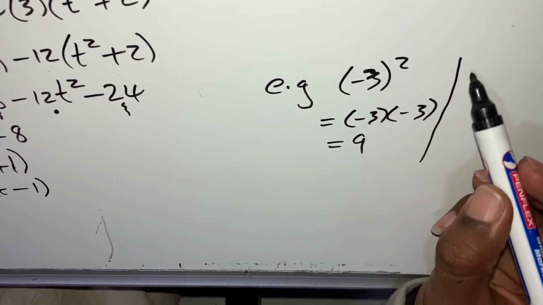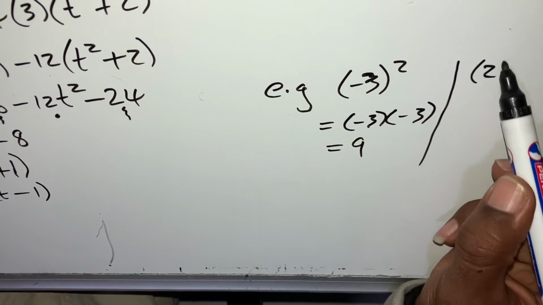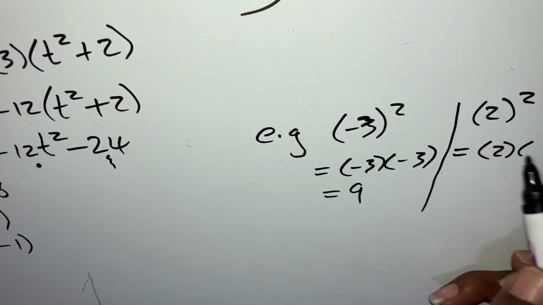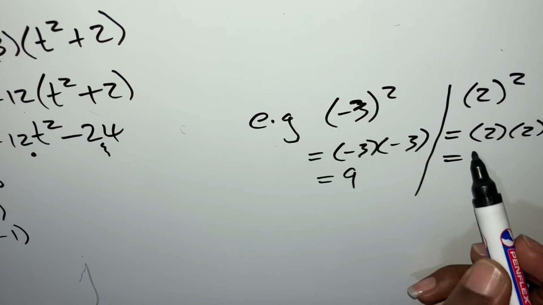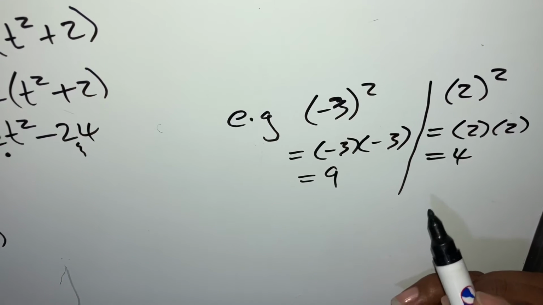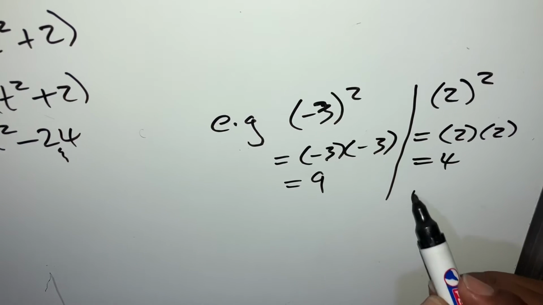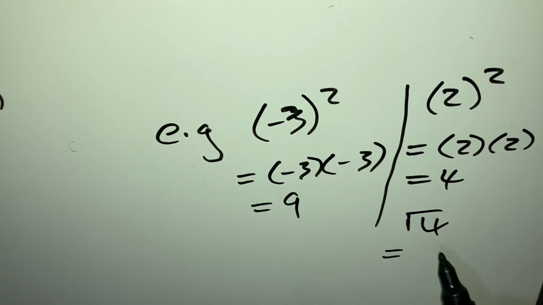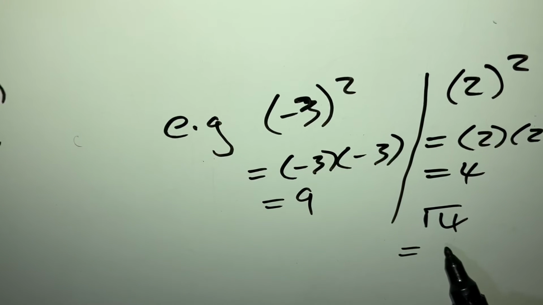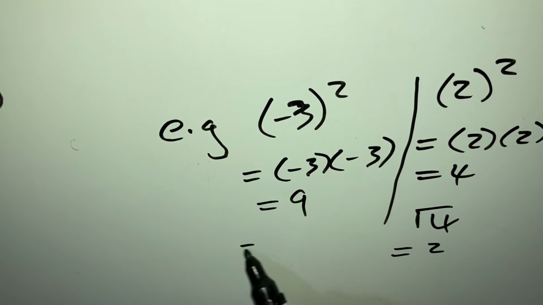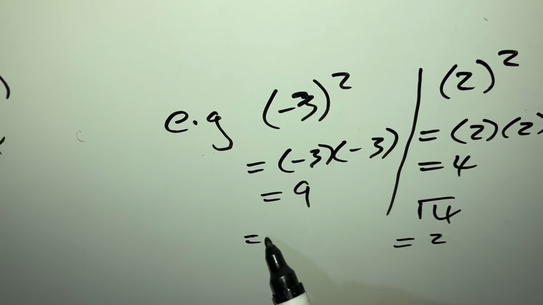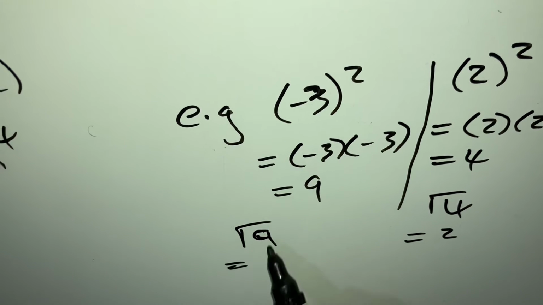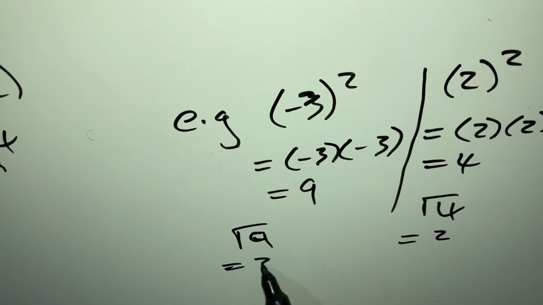Also, 2 squared means 2 times 2, which gives me a 4. Then that 4, if you were to put it under a root, the root of 4 is 2. As much as if you were to take 9 under the root, you'll find that the root of 9 is 3.